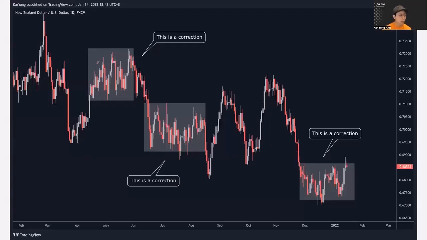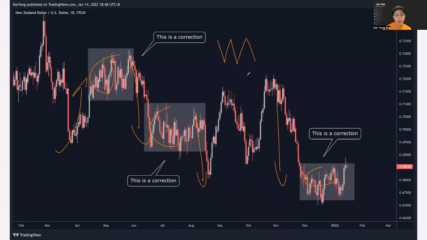You can see here, those that are grayed out are basically slow moves in comparison to what? In comparison to this move is fast, this move is fast, this move is fast, this move is fast. So you realize some characteristics of price movement in a correction is there are a lot of ups and downs, and then of course you realize that the candles tend to overlap a lot.